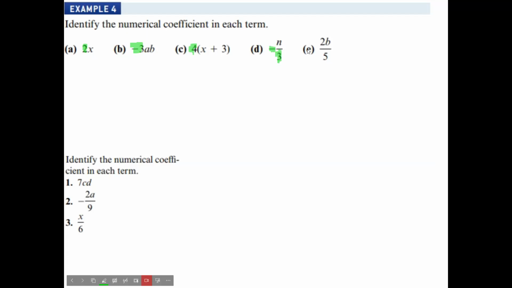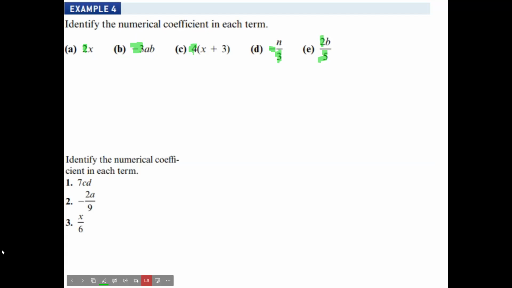This one, 2/5. Not numerical coefficient, for instance, here is A, B, right? But most of the time, we refer to coefficient as numeric coefficient.